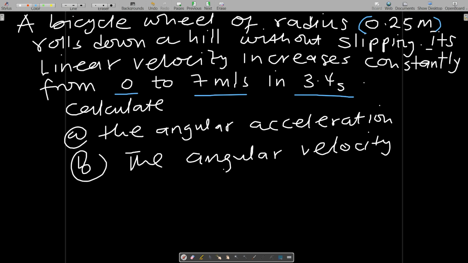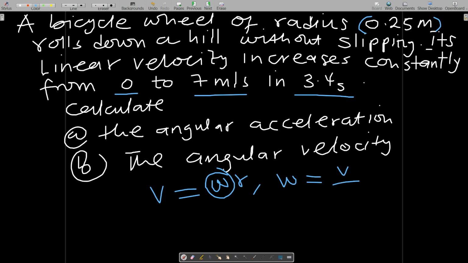Now there is a formula you should know. The angular velocity is known as omega and it's always given as v over r, or you can write the linear velocity in terms of angular velocity: v equals omega r, where omega is the angular velocity.